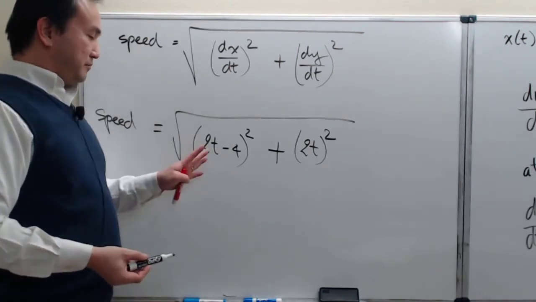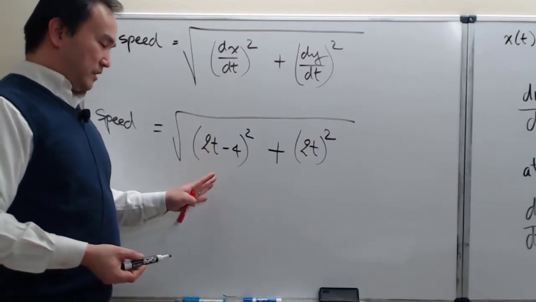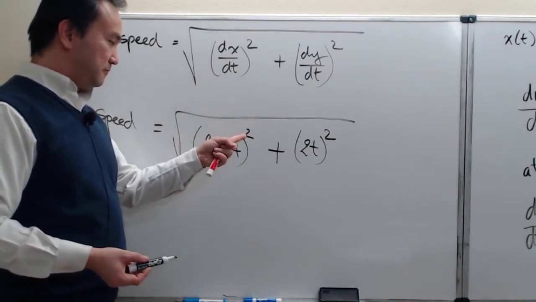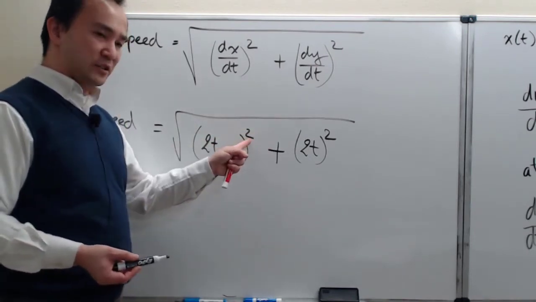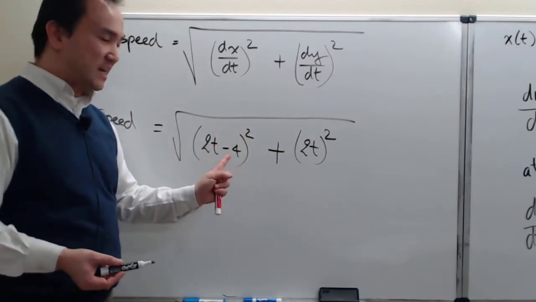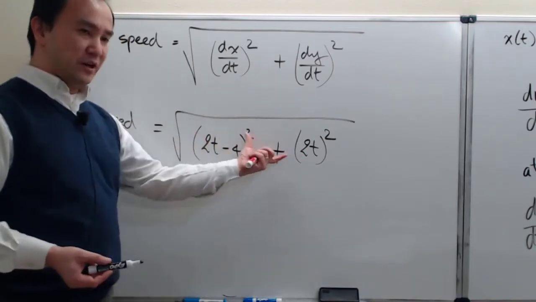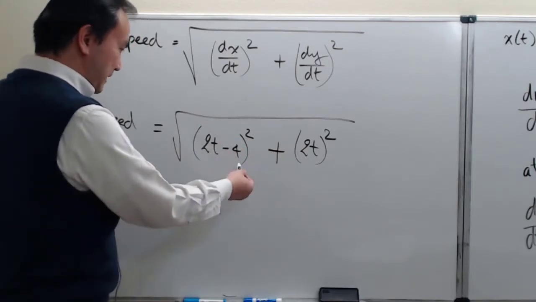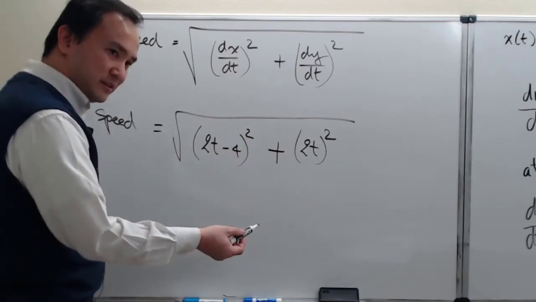At this point, you can quickly use some algebra to FOIL out the perfect square and combine like terms, to come up with a reduced algebraic expression before we start evaluating.